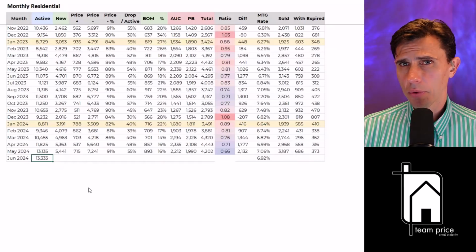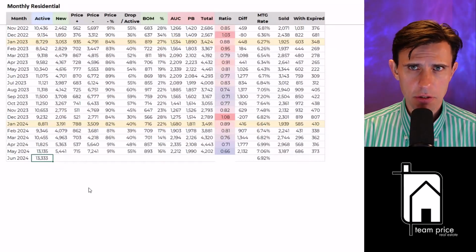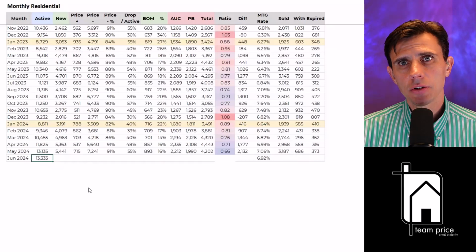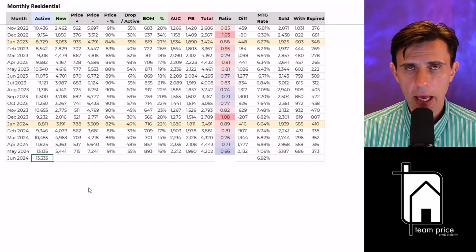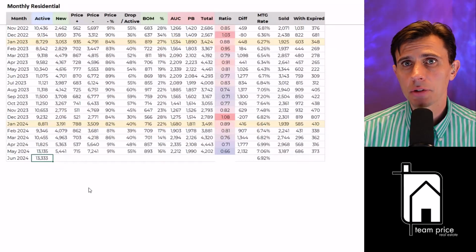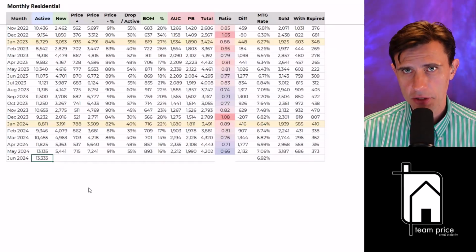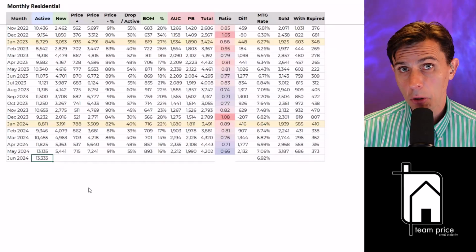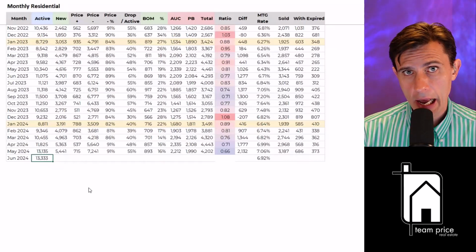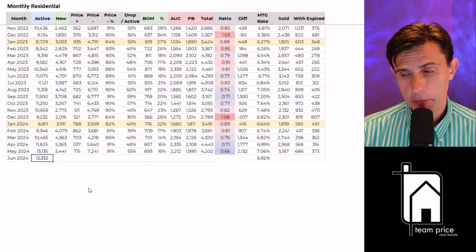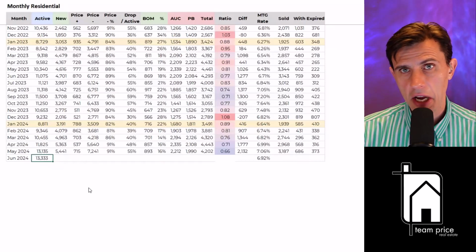What I don't think is going to happen is where buyers are going to say, oh my goodness, if I don't go under contract right now, I'm going to have to pay this 3% commission come August, September. In my personal opinion, that's not going to happen. Buyers are not going to pay that. It's not going to happen.